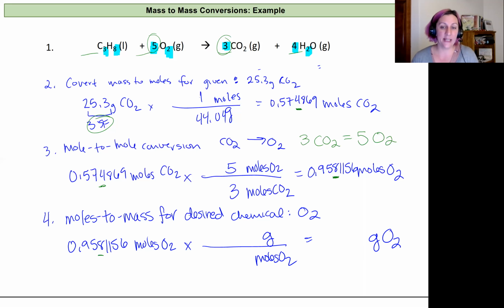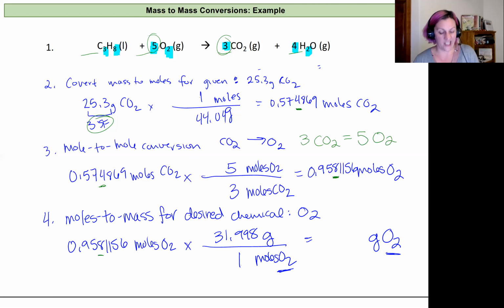So this time it's going to be the molar mass of oxygen, because of the moles of oxygen that we need to cancel out and the grams we're going for in our answer. So I can calculate that by taking 2 and multiplying it by 15.999, and I'll get 31.998. And that's 31.998 grams in each mole of oxygen, molecular oxygen.